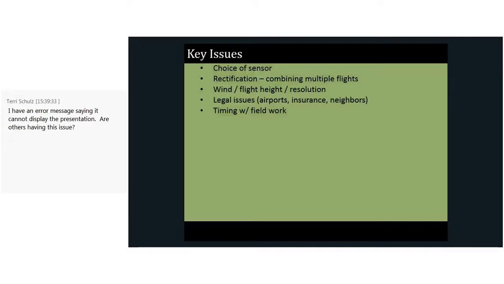You have to be really conscious about wind, which then affects flight height, which then affects resolution. The higher you fly, the lower your resolution. But the higher you fly, the more acreage you can fly. So there's a balance you're going to have to think about.